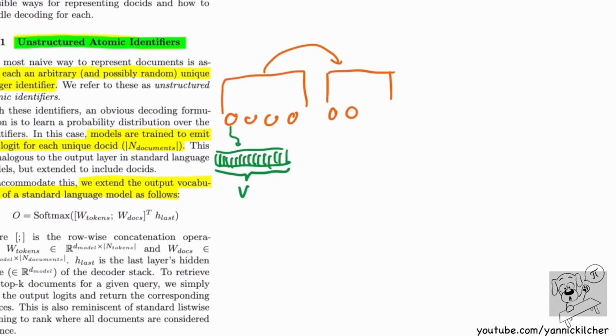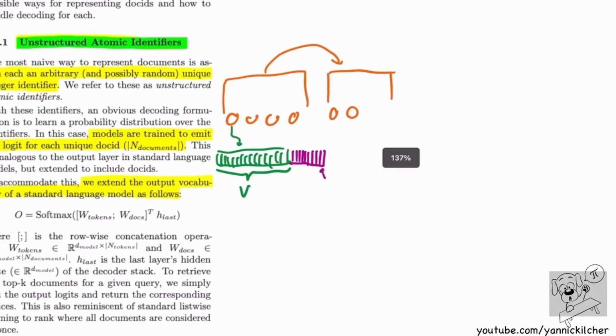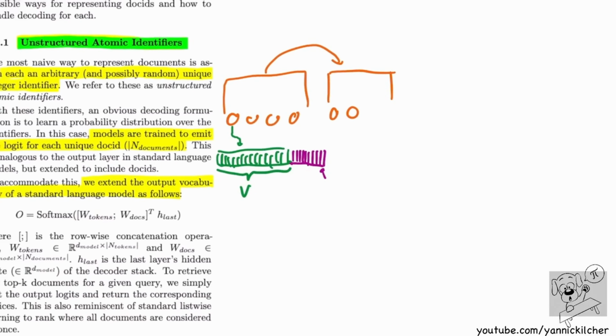But what they do in this first method is they simply extend the vocabulary for the decoder, and every single extra token represents one document ID. This obviously only works if you know all the documents ahead of time that you're going to index, but in their case, they do. So they randomly initialize those embeddings, and during indexing, they train the embeddings.